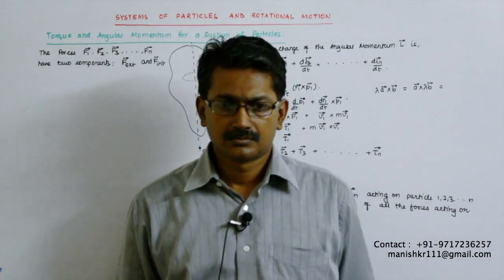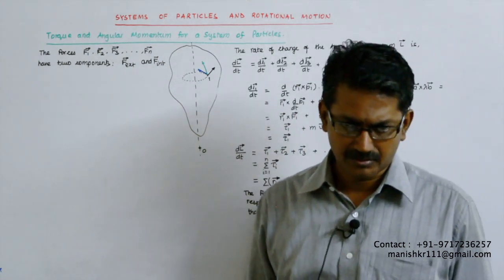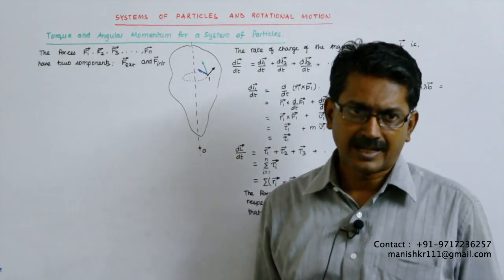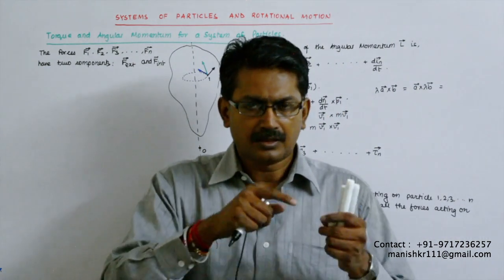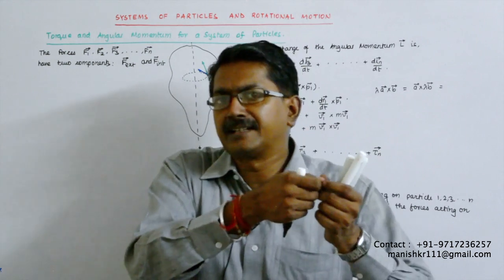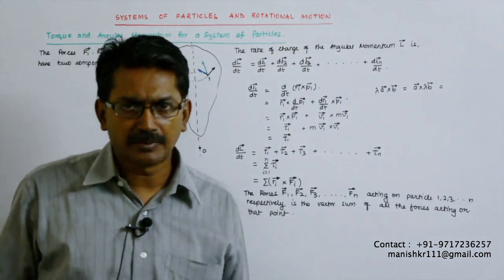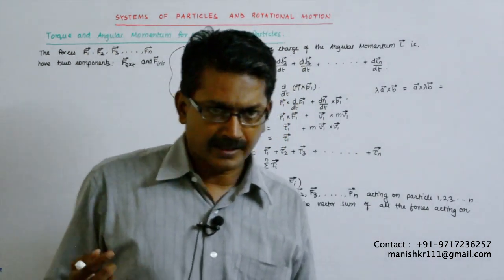The external component is actually externally applied. So maybe I tie a thread to one of the points and start pulling it in a particular direction. So I am applying an external force, correct?